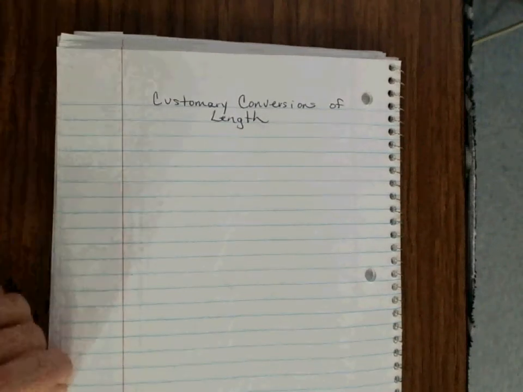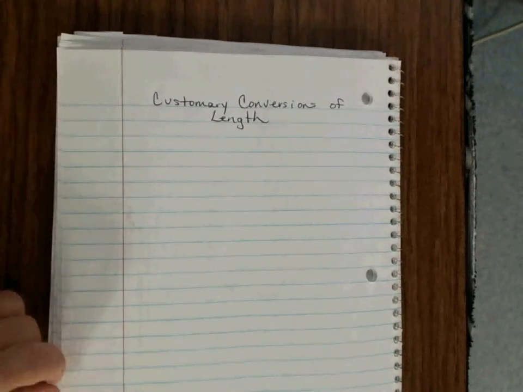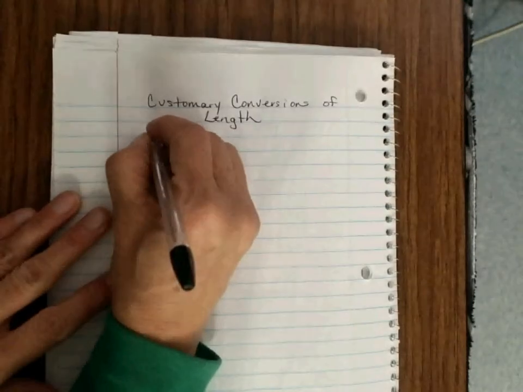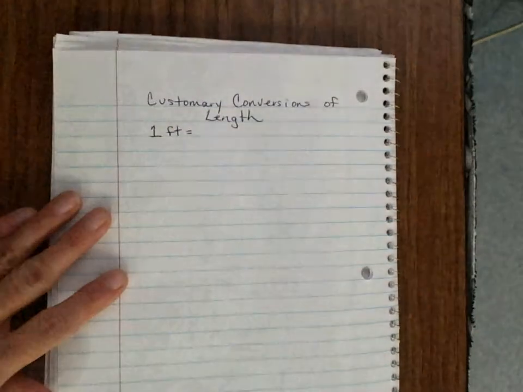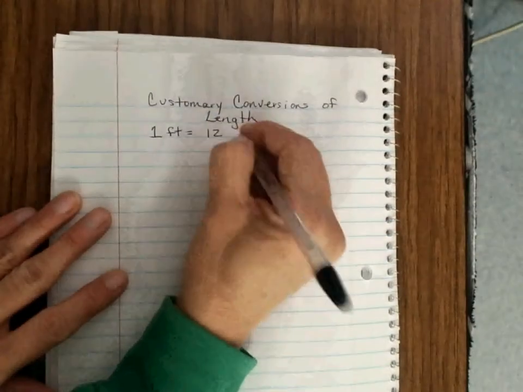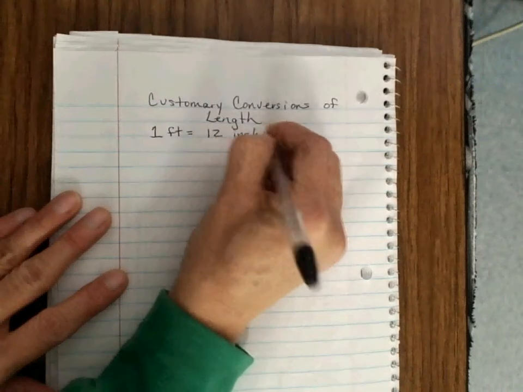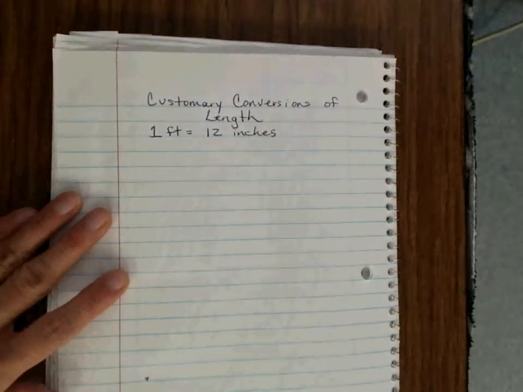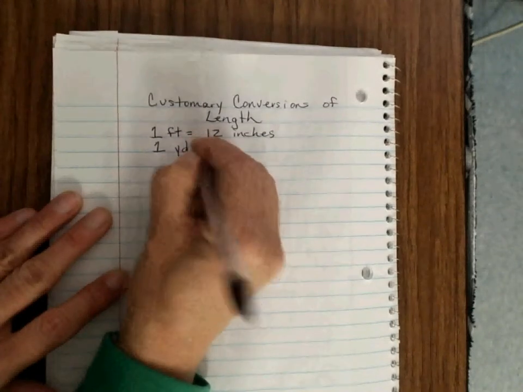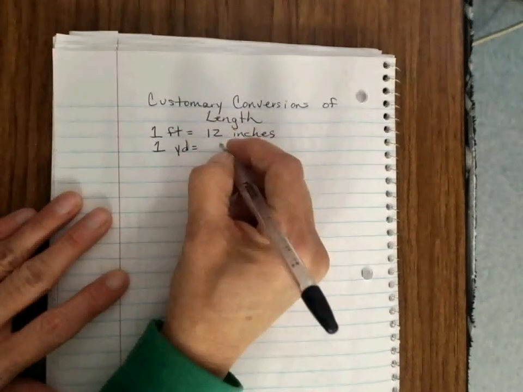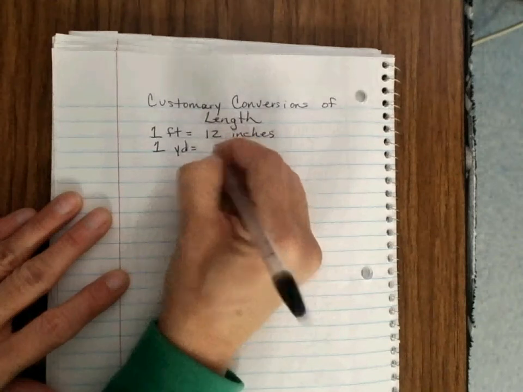Okay, for customary conversions of length, what you need to know is that 1 foot equals 12 inches. One yard equals 3 feet.